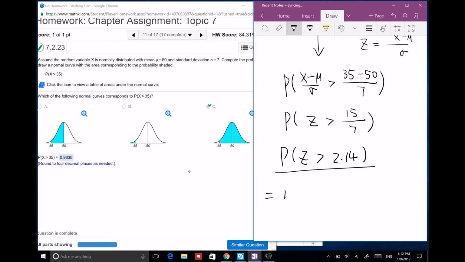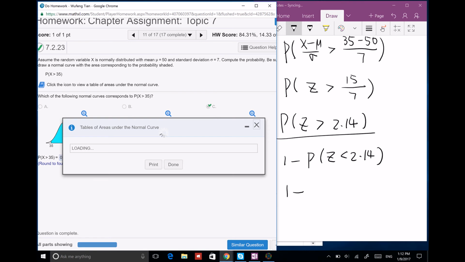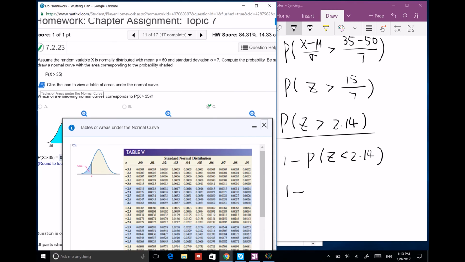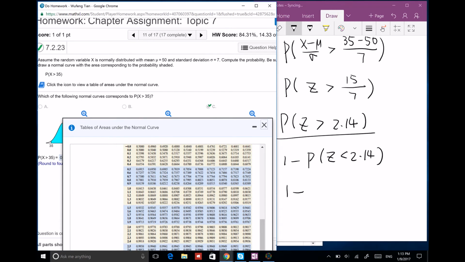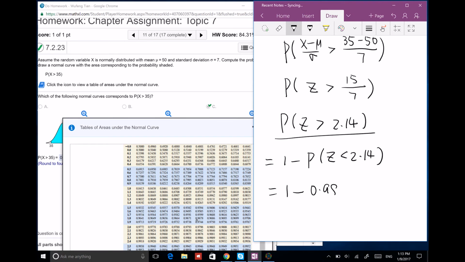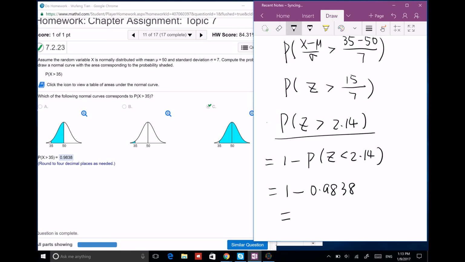We just use the table and find the probability of z less than 2.14, which is 0.9838.